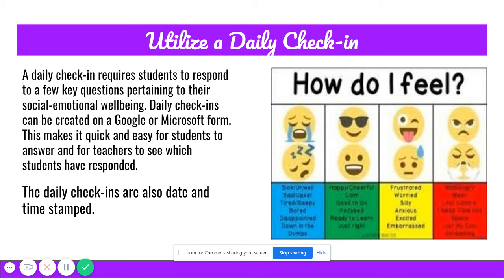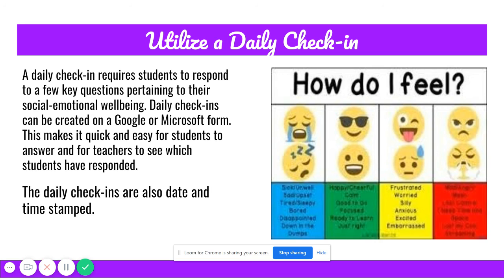The last strategy I want to provide to improve virtual classroom attendance is to utilize a daily check-in. A daily check-in is normally given at the beginning of the class period. It requires students to respond to a few key questions pertaining to their social emotional well-being.